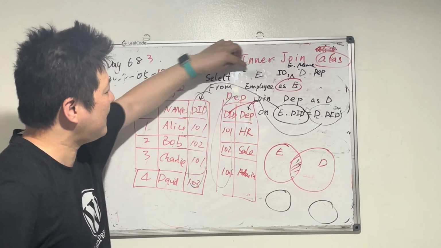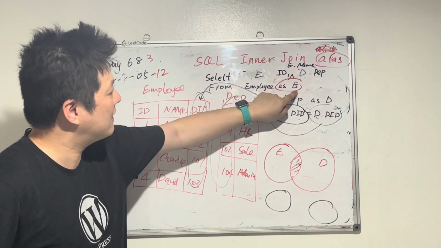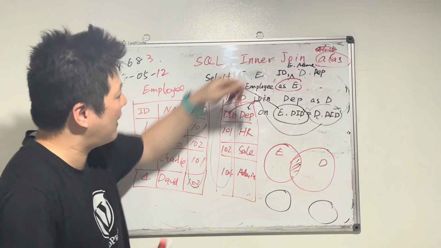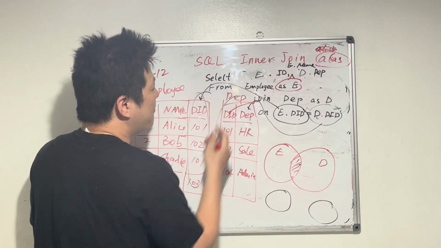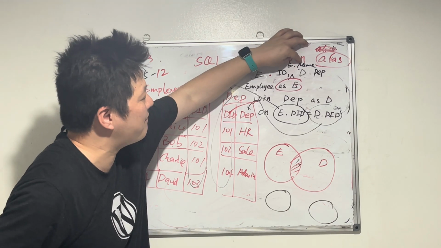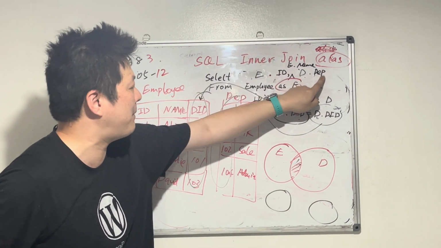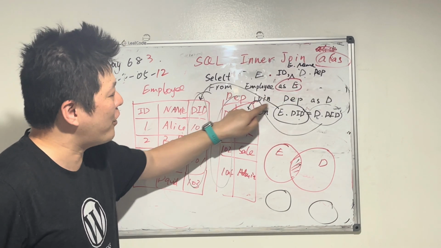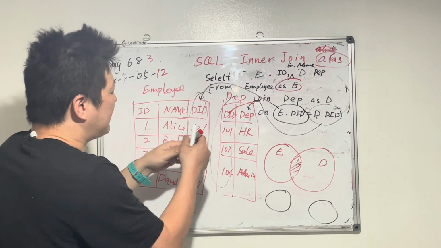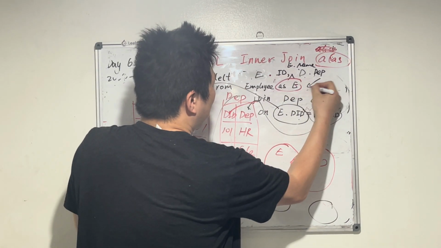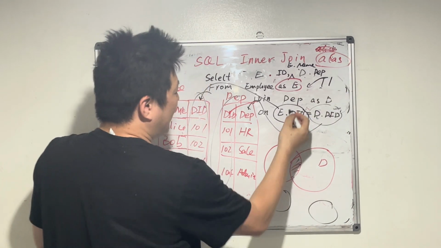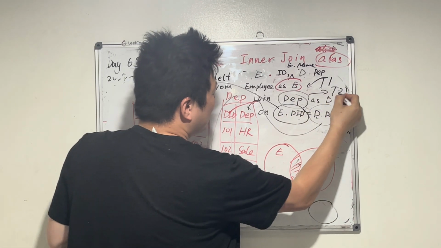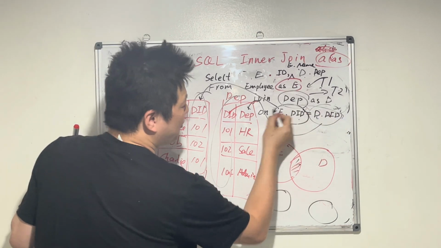So select employee.id, employee.name, department.department ID, department name from employee as alias E. We want to join: this is table 1, and this one is table 2. And then we join based on what?